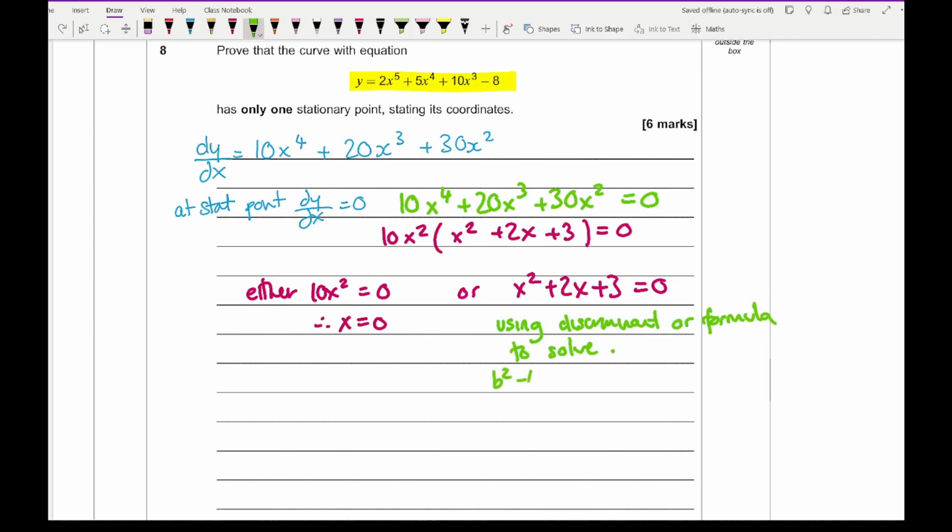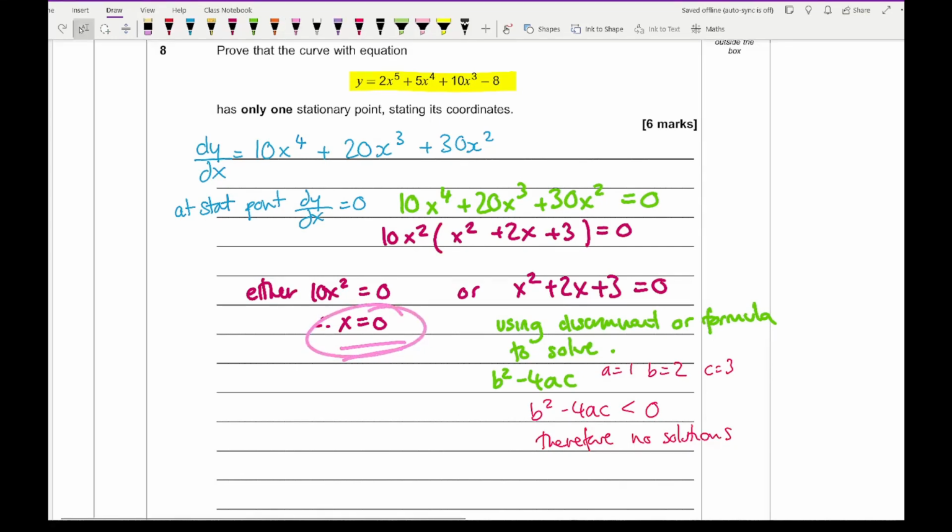So if I use b squared minus 4ac and work that out, where a equals 1, b equals 2 and c equals 3, I work out that b squared minus 4ac is less than 0, so therefore no solutions. So therefore the only solution that I've got is where x equals 0.